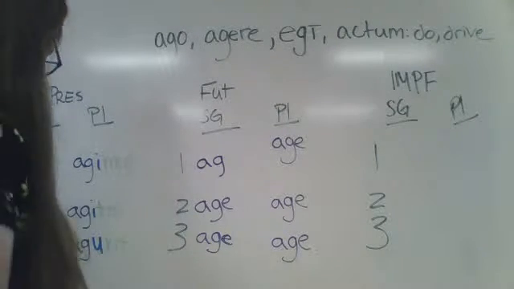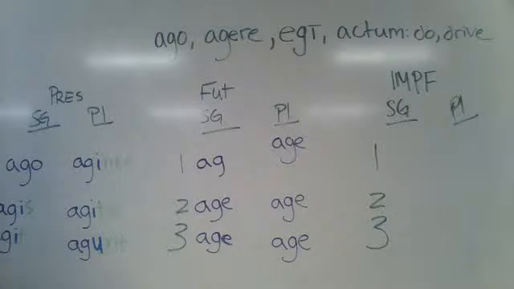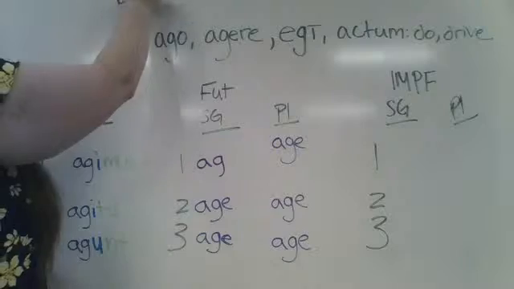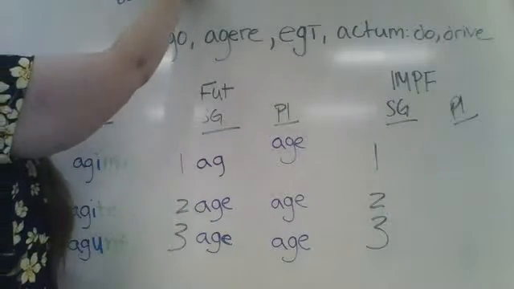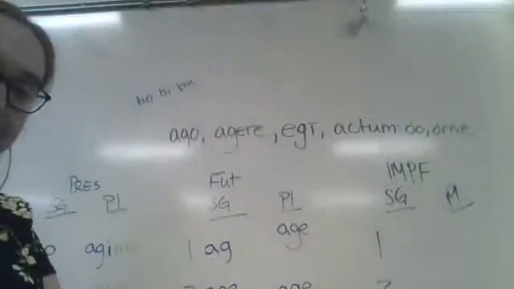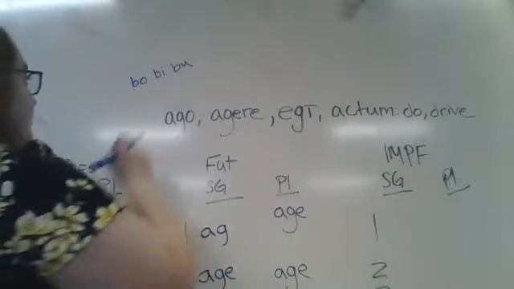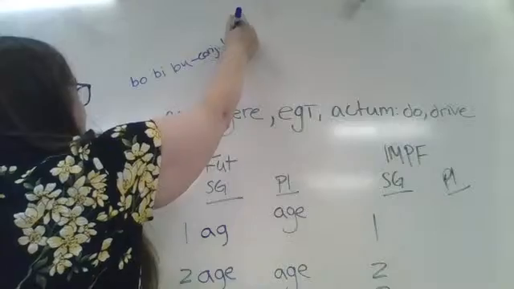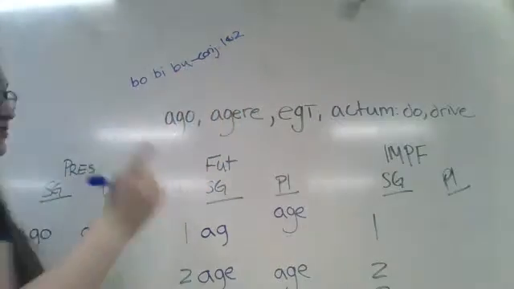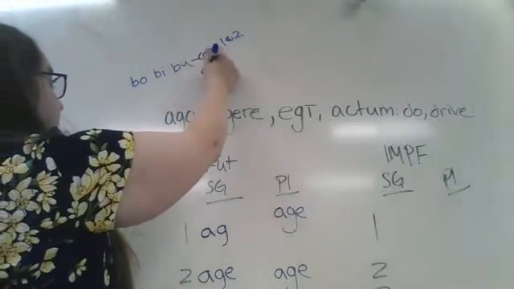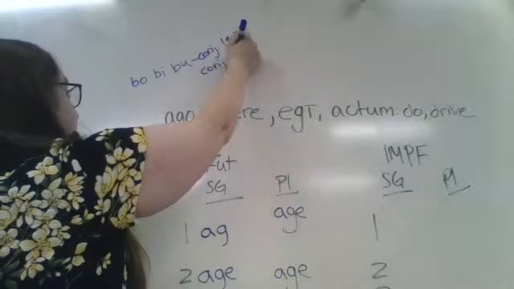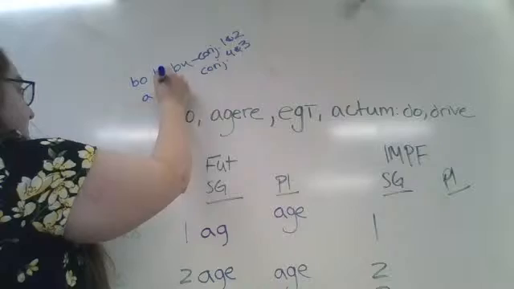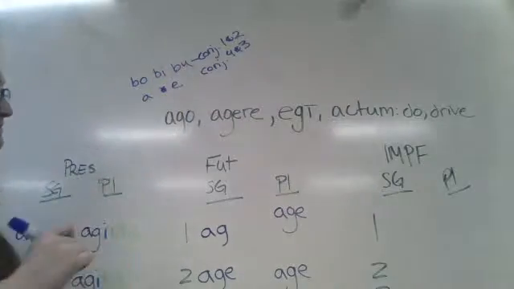We would usually add bo, bi, and bu. But this is only for conjugations 1 and 2. For future, for 3 and 4, we use A and E.